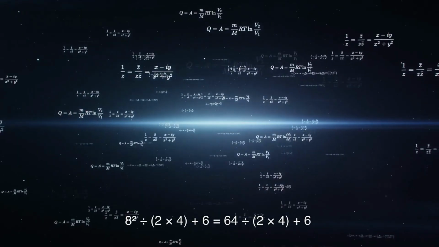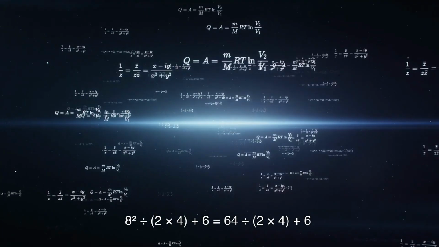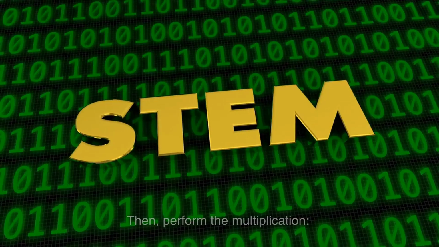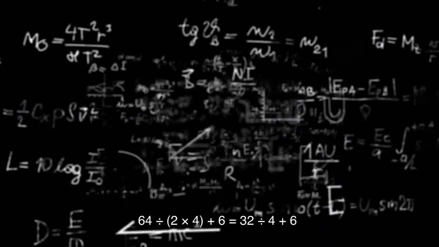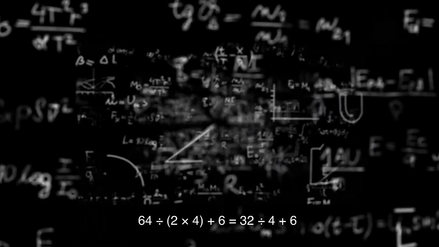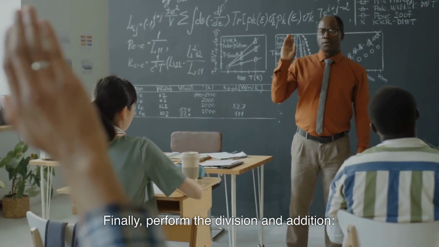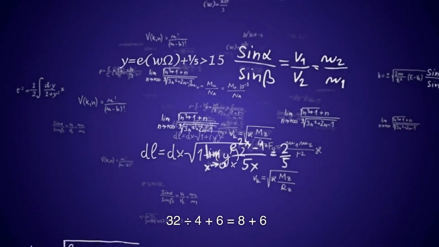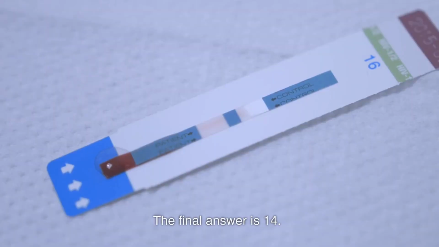Next, perform the exponent. 8^2 ÷ 2 × 4 + 6 equals 64 ÷ 2 × 4 + 6. Then, perform the multiplication. 64 ÷ 2 × 4 + 6 equals 32 ÷ 4 + 6. Finally, perform the division and addition. 32 ÷ 4 + 6 equals 8 + 6. The final answer is 14.